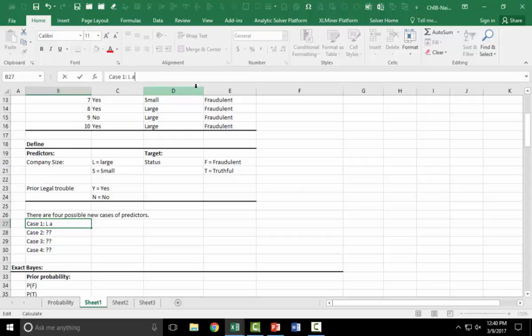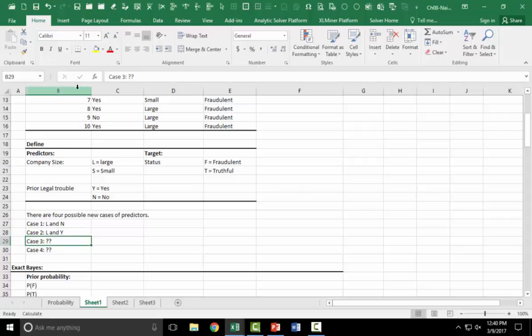So we have L and N. Okay. So company size L, no prior legal trouble. So that's one predictor profile. Then L and Y, that is the second predictor profile.